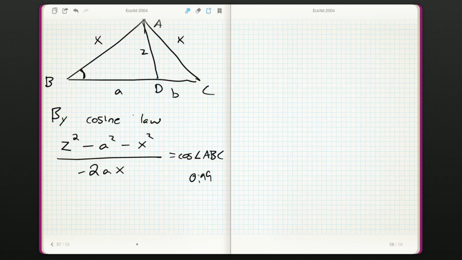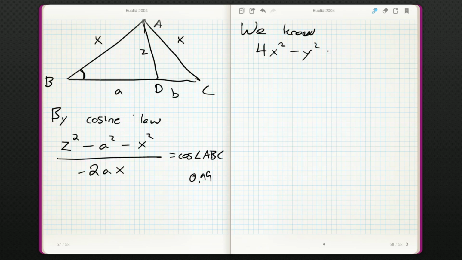What to do? Well, I'll tell you what. We've seen this x squared and this z squared before. What was that relationship we had? We know that 4x squared minus y squared is equal to 3z squared.